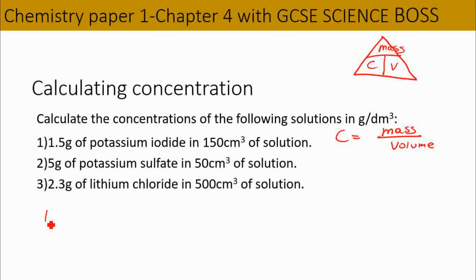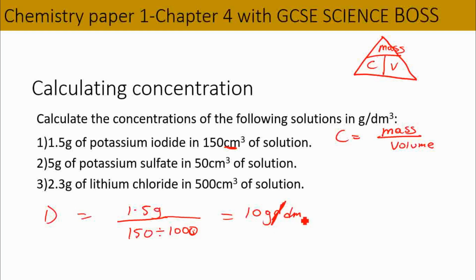So for number 1, it's going to be 1.5 grams divided by volume, but remember that is cm cube. We need to change that to dm cube, so it's going to be 150 divided by 1,000, and if you've done that correctly, you should end up with an answer of 10 grams per dm cube.